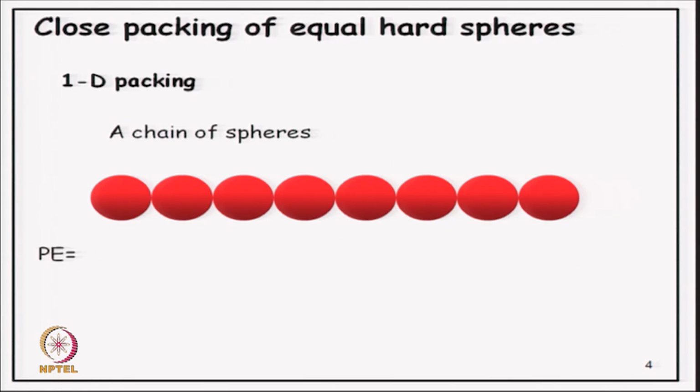Since we are talking of one dimension, the packing efficiency is not defined in terms of volume, but in terms of length: the length of the line occupied by spheres divided by the total length of the line. In this one dimensional chain, the entire length of the line is occupied by spheres, so we have a packing efficiency of 1 or 100%.